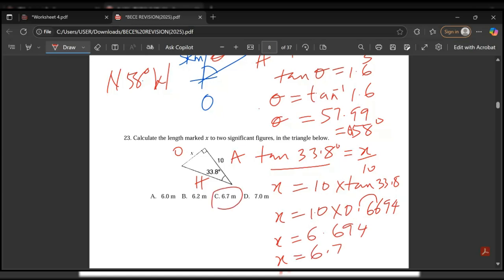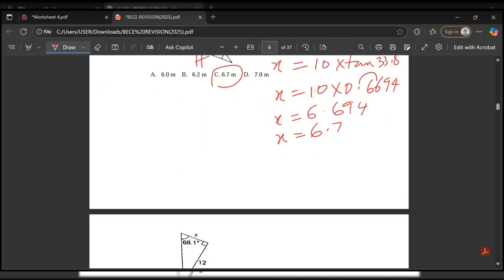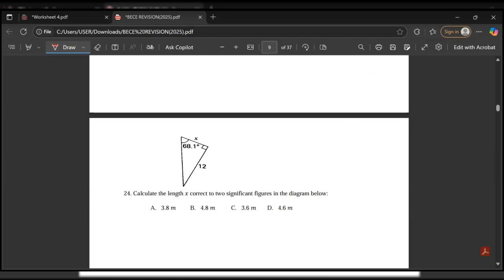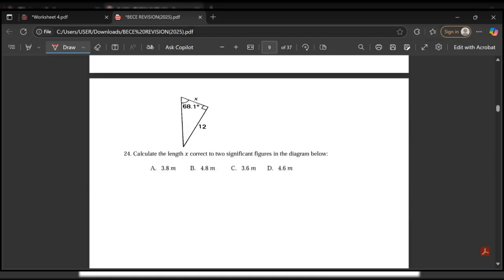All right. So move to the next one, question 24 now. Calculate the length of x in this shape. So we have the opposite, hypotenuse, adjacent.